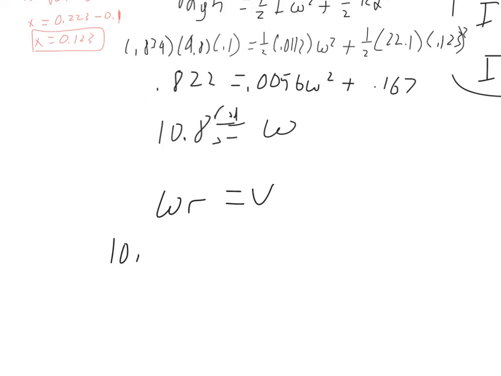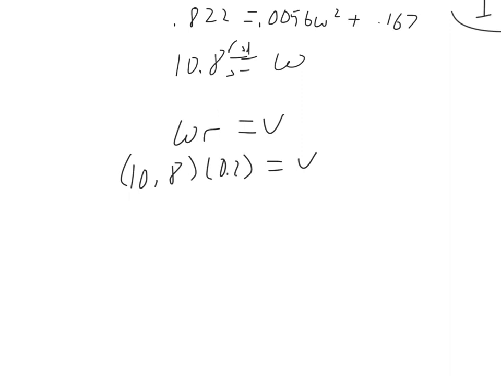So now you take the 10.8. This time you're going to multiply it by the full length of the rod, the whole 0.2, because that's what they wanted to know, the length at the end of the rod. And when you multiply those two together, you get 2.16 meters per second for the velocity at that tip. And that's it.